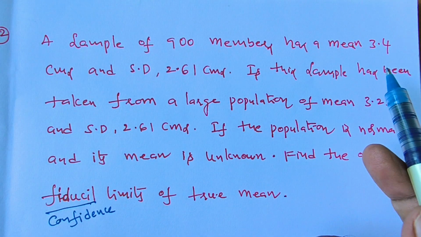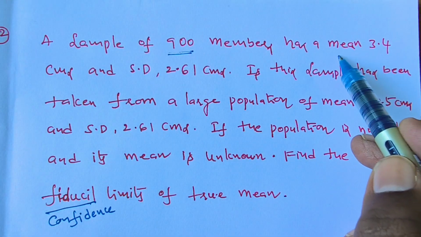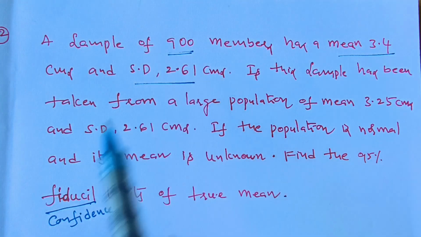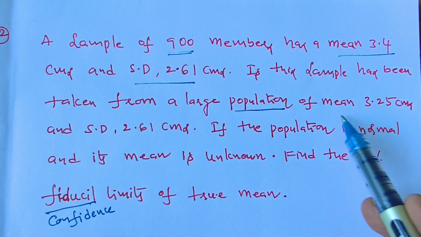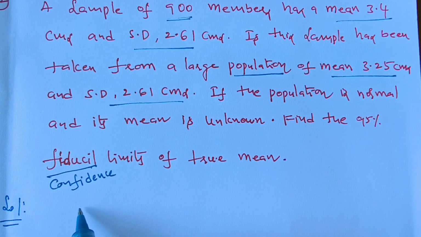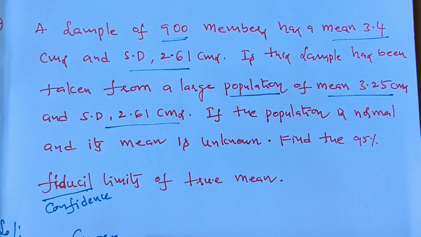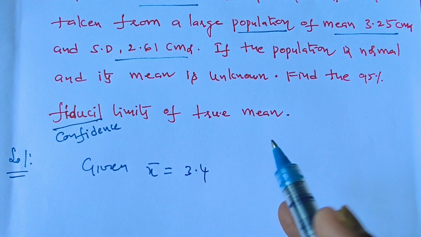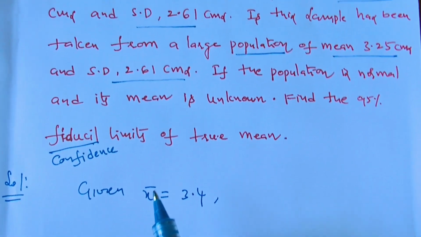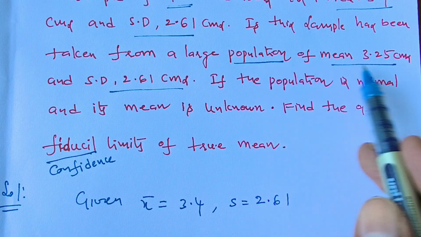Observe this problem here. A sample of 900 members of mean 3.4 and standard deviation 2.61. Population mean is given 3.25 and standard deviation 2.61. So we have the data: sample mean is denoted by x bar, that is 3.4, and standard deviation of the sample is denoted by s, that is 2.61.